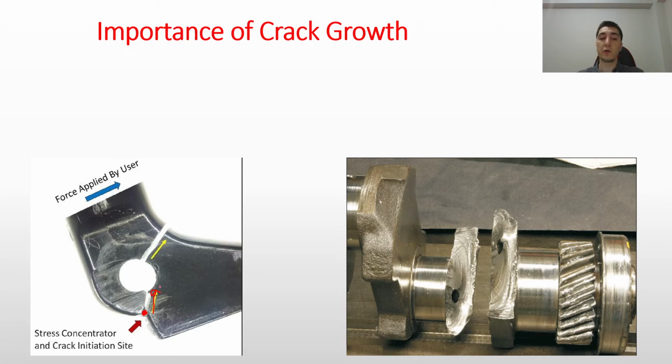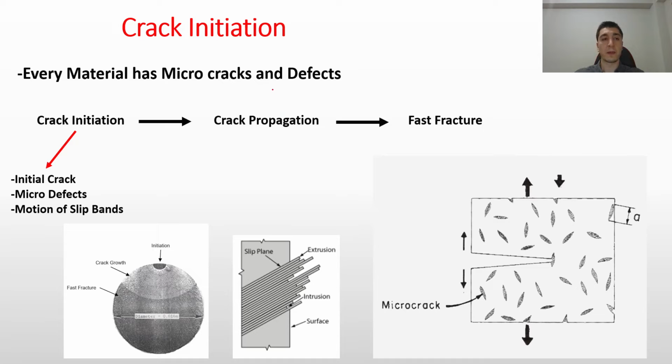It is really good to predict the crack growth direction and the crack growth. So first of all, there should be a crack, and after that this crack will propagate, and at the end there will be a final fracture.